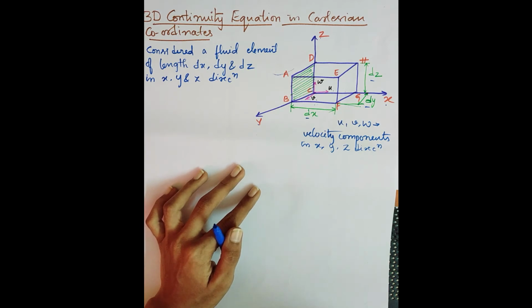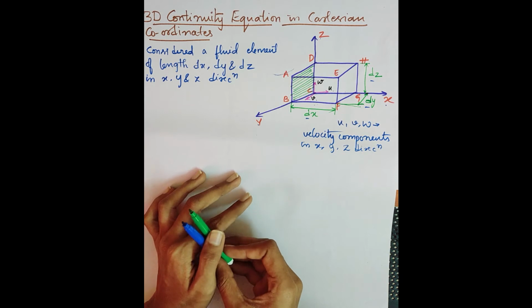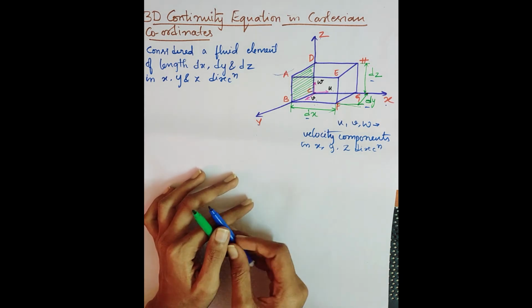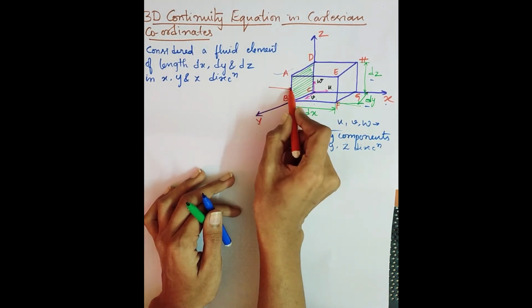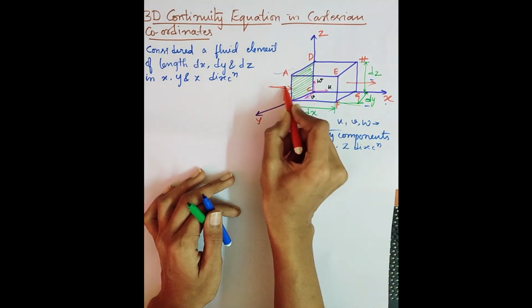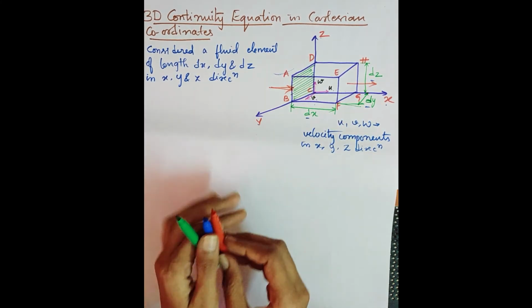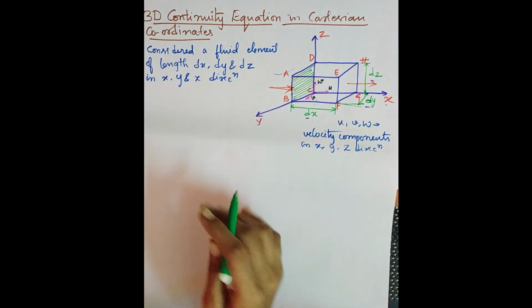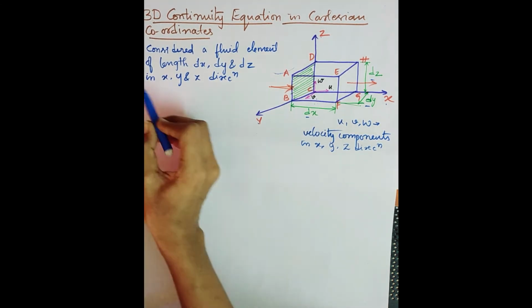So the face ABCD is considered now. Here we are going to determine the fluid entering this face ABCD and leaving the face EFGH. First we'll calculate the mass of fluid entering the face ABCD.